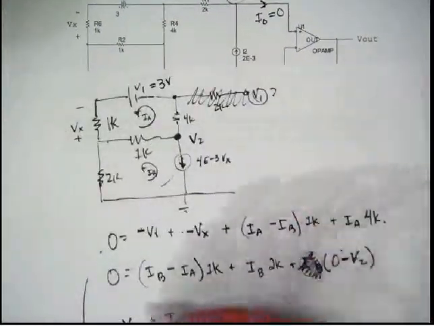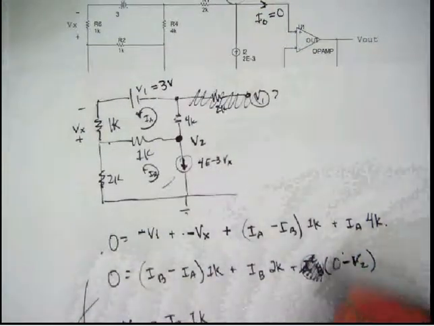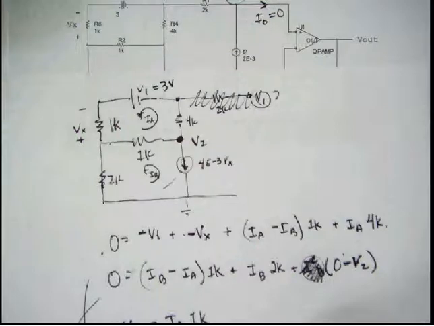So let's take this one. Let's bring V2 over. So we got V2 is equal to IB 1k minus IA 1k plus IB 2k. Simplify.